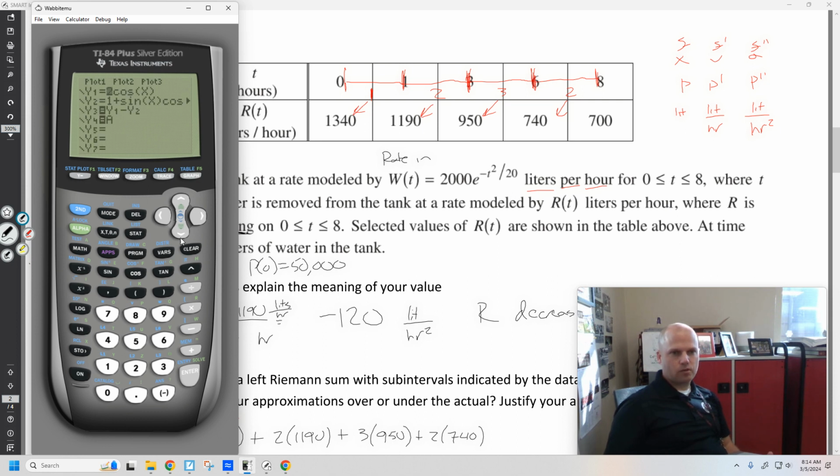Another way is graphing W. Now this is not helpful as we do not have something to graph R for, but if you want to graph W, maybe to accumulate it later so that you can use Y1 more often. This is just W, this is just the rate in, this is just how quickly things are coming in.